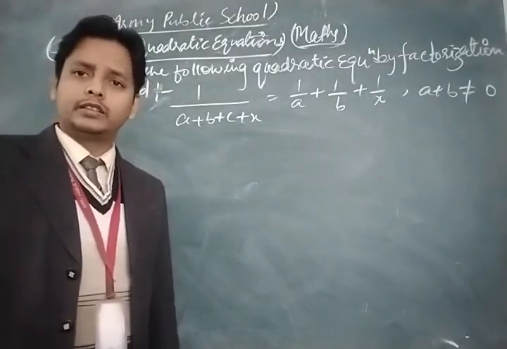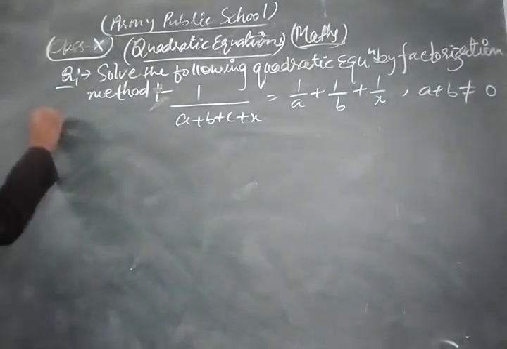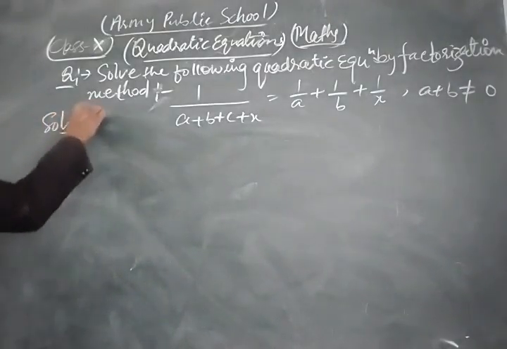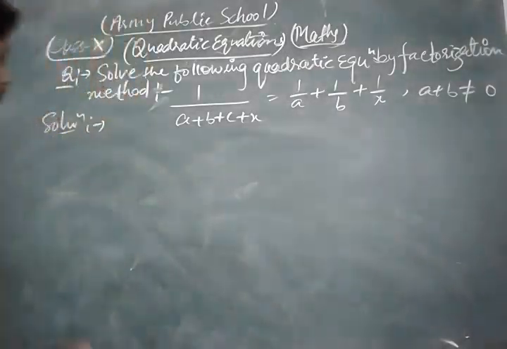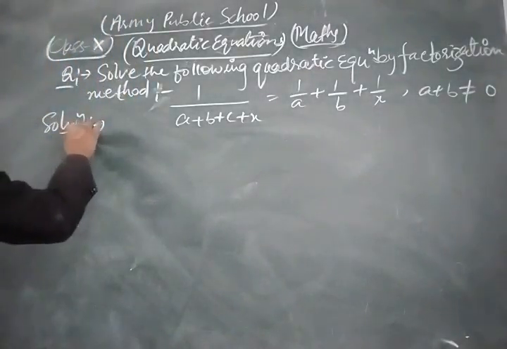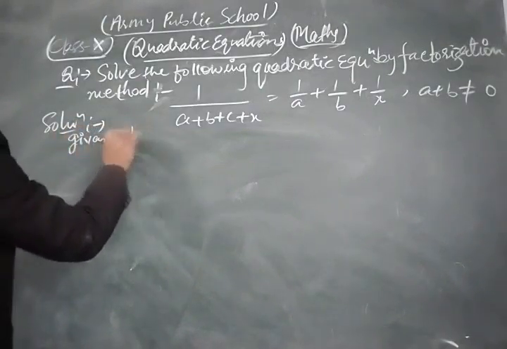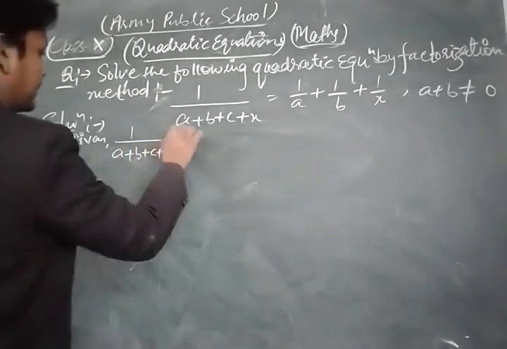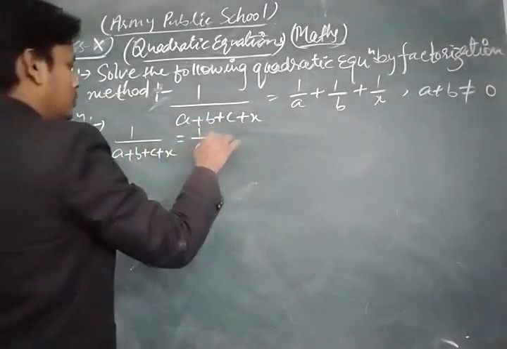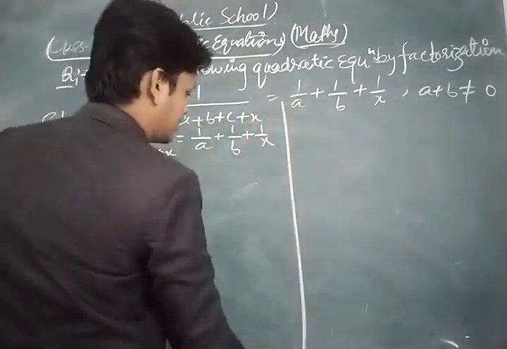So dear students, let's see its solution. First of all, given we have a plus b plus x is equal to 1 upon a plus 1 upon b plus 1 upon x.